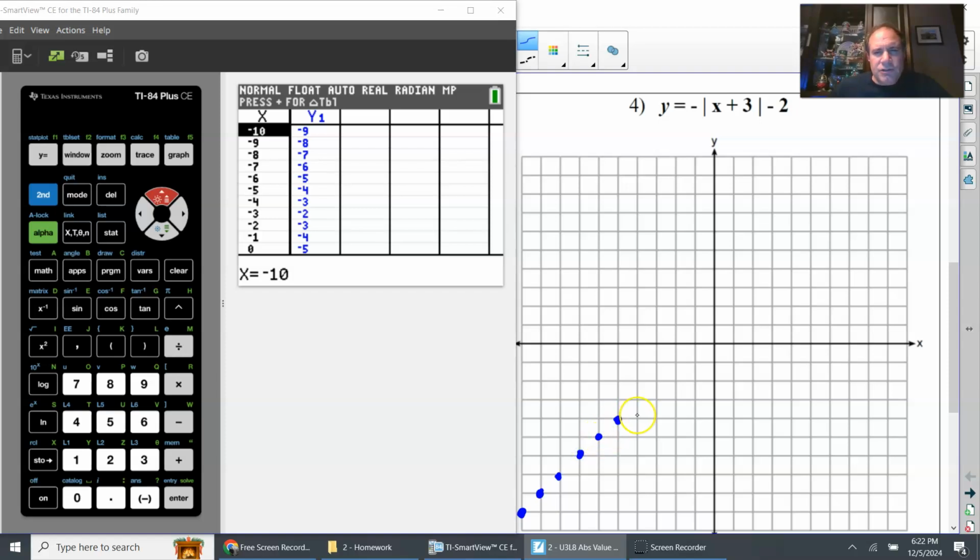And then just make sure that I am up to negative 4. So negative 4, negative 3, which is here. Negative 3, negative 2, which is here. And then negative 2, negative 3. See how it goes back?